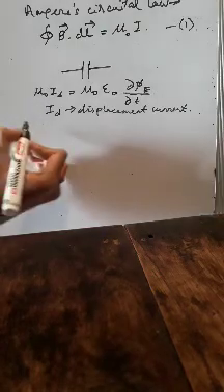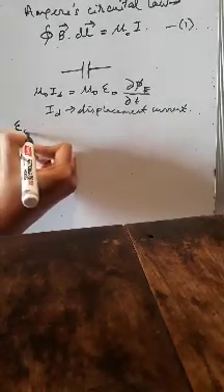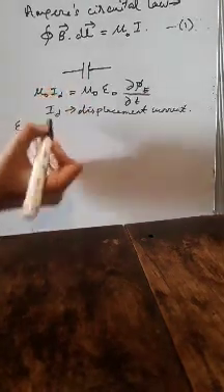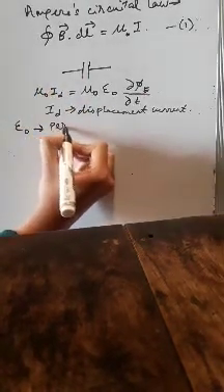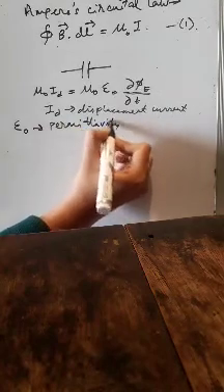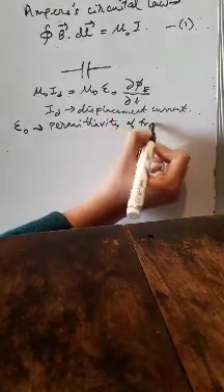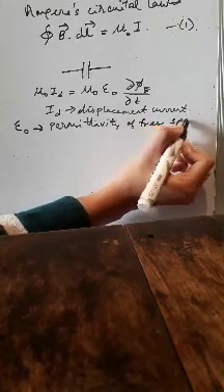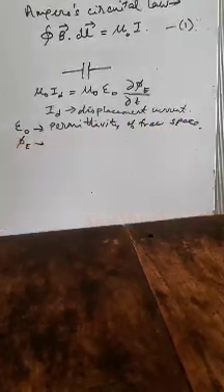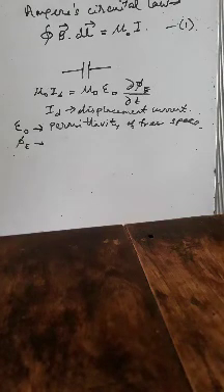Epsilon naught is your permittivity of free space. And what is this phi E? Phi E is your electric flux.